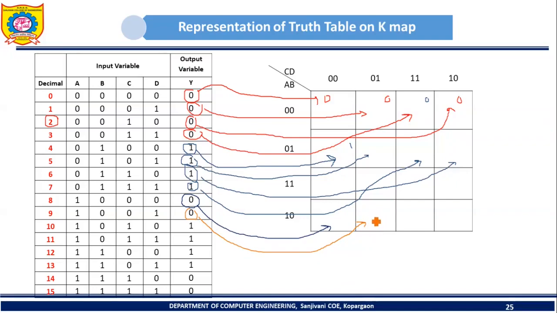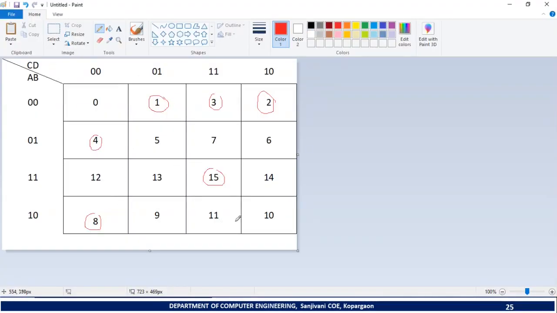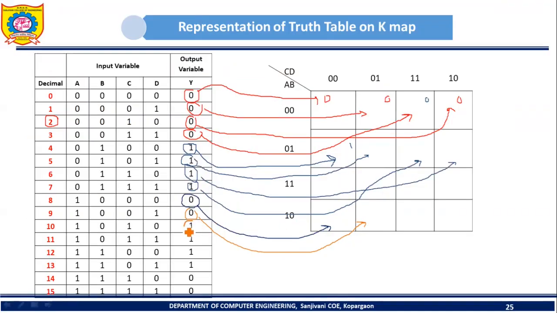This cell corresponds to 9. Then the next row corresponds to decimal number 10. So in the KMap we have 10 here. So this 1 should be written in this particular cell. Then this 1 should be written in this particular cell.